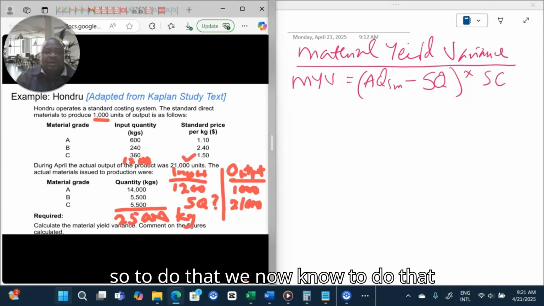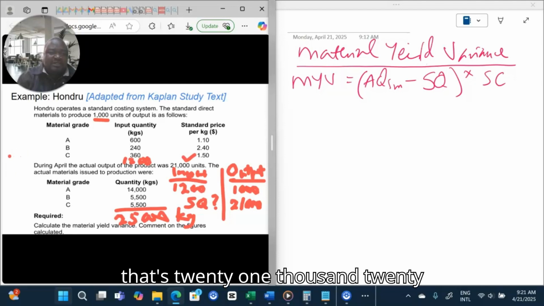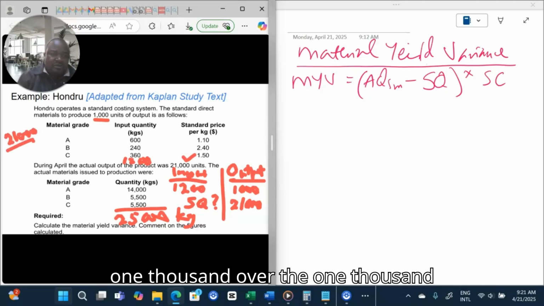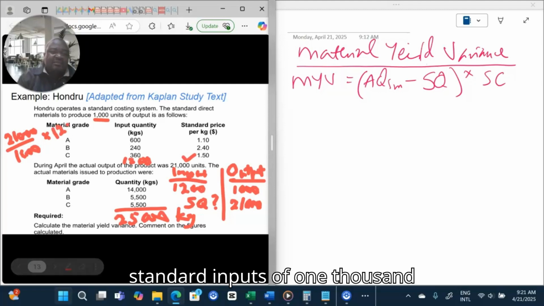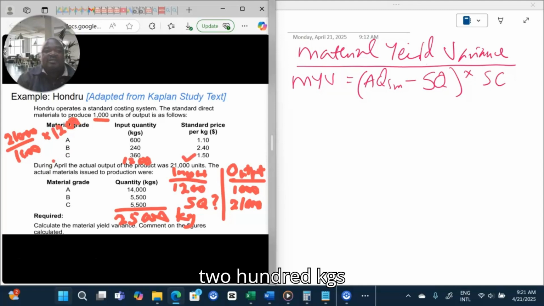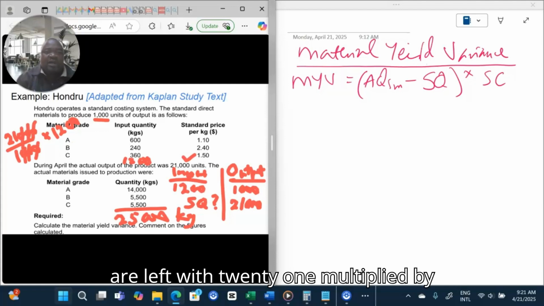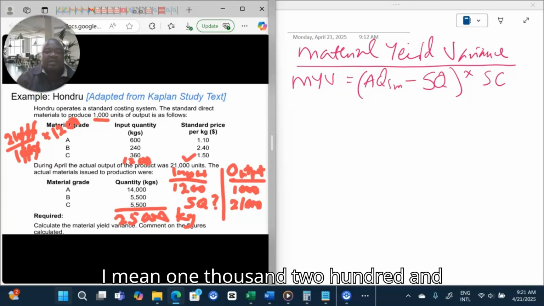So to do that, to get the standard quantity in total, that's 21,000 over the 1,000 benchmark or the standard, multiplied by the standard inputs of 1,200 kgs. And if we cross out the zeros, we are left with 21 multiplied by 1,200.